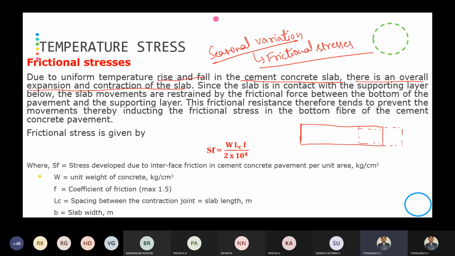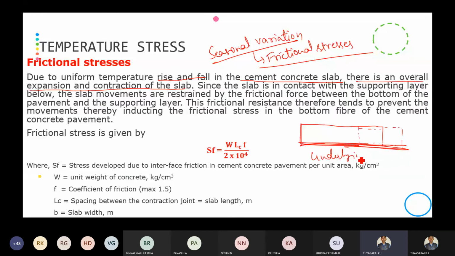Because of this expansion and contraction of the slab, friction is going to develop between the slab and the subgrade soil, that is, the underlying layer.